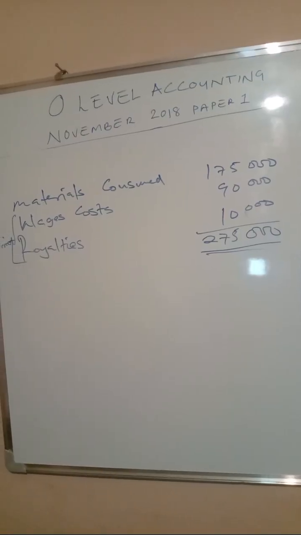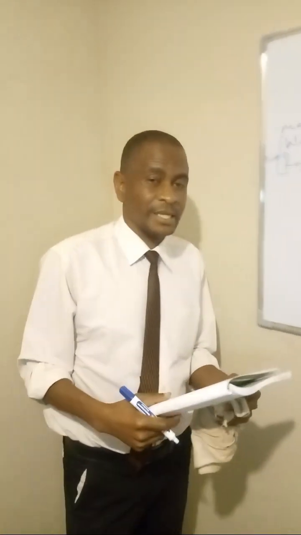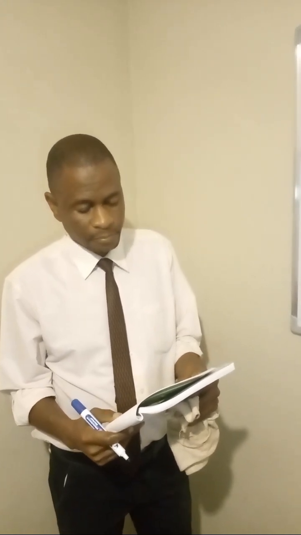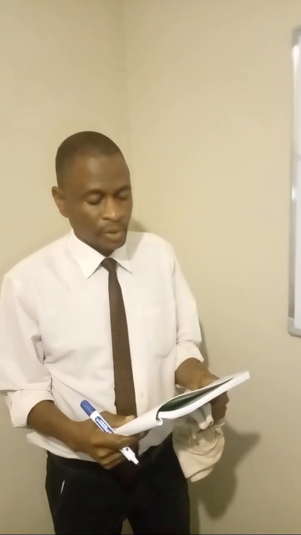Question number 33. If closing stock is overvalued, there is A, a decrease in gross profit only, B, a decrease in both gross profit and net profit, C, an increase in gross profit only, D, an increase in both gross profit and net profit.